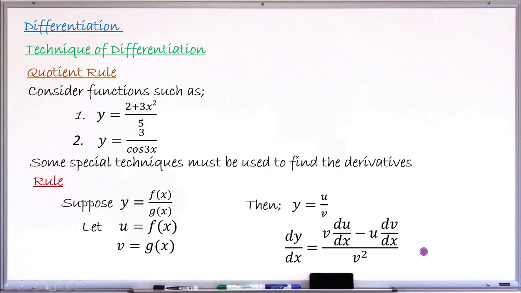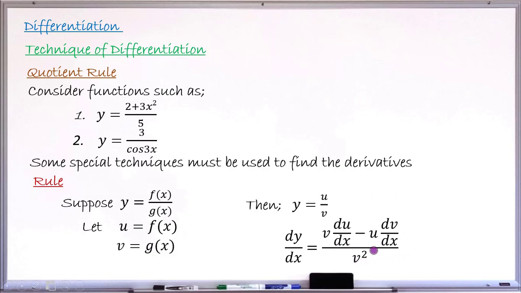This is the rule. Let me repeat. dy by dx is v multiplied by du/dx minus u multiplied by dv/dx, all over v squared. In this case, you have to be careful.